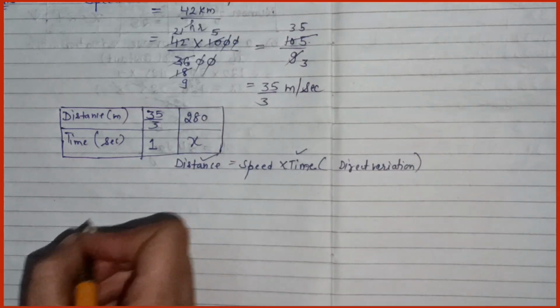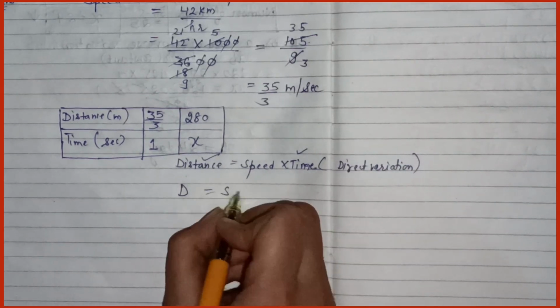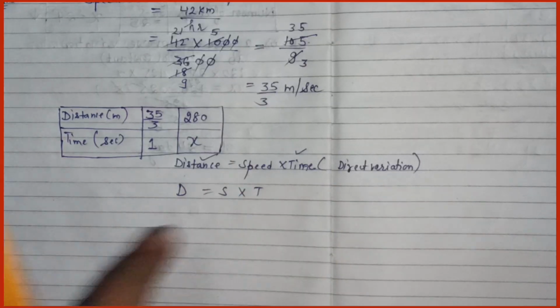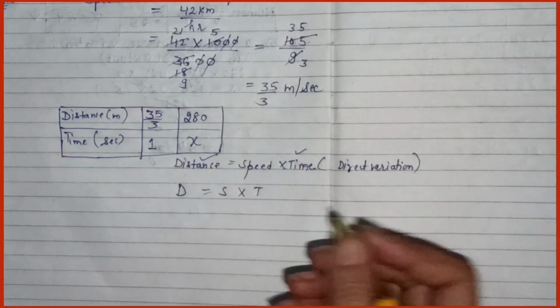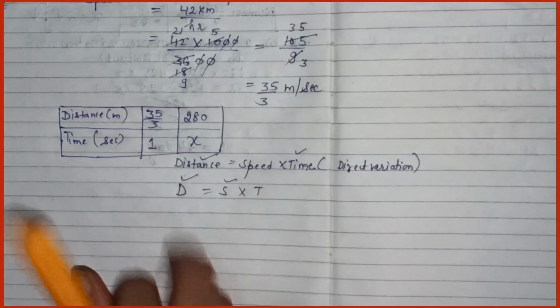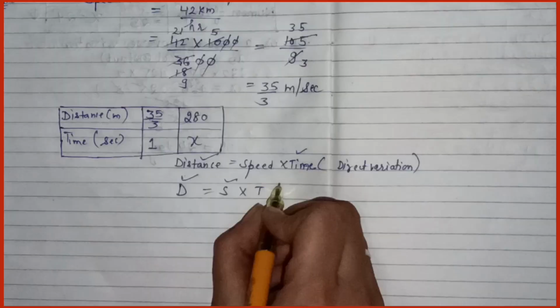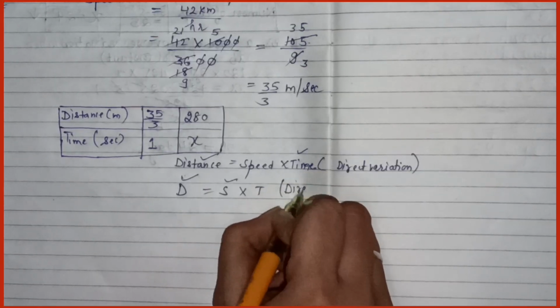And if we are given distance, where d stands for distance, equal to speed multiplied by time, where s stands for speed and t stands for time, and we are given distance and speed in the question, it is also a case of direct variation.